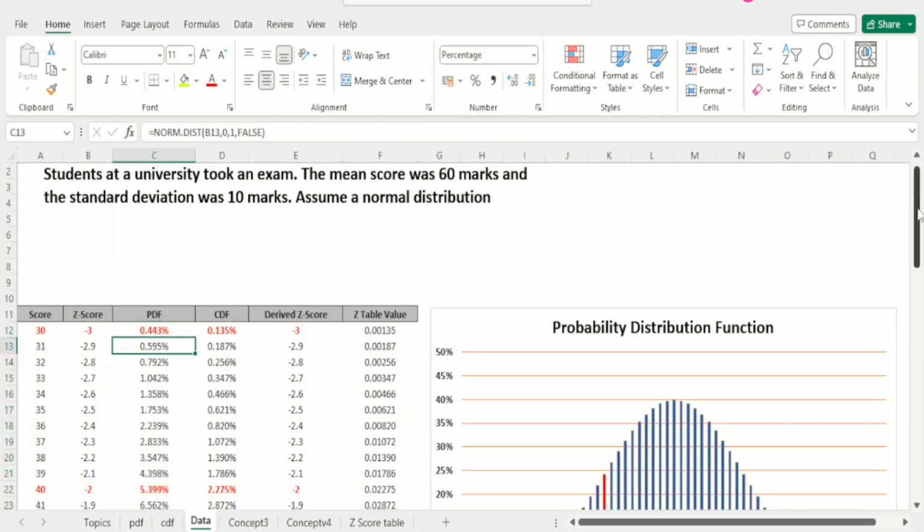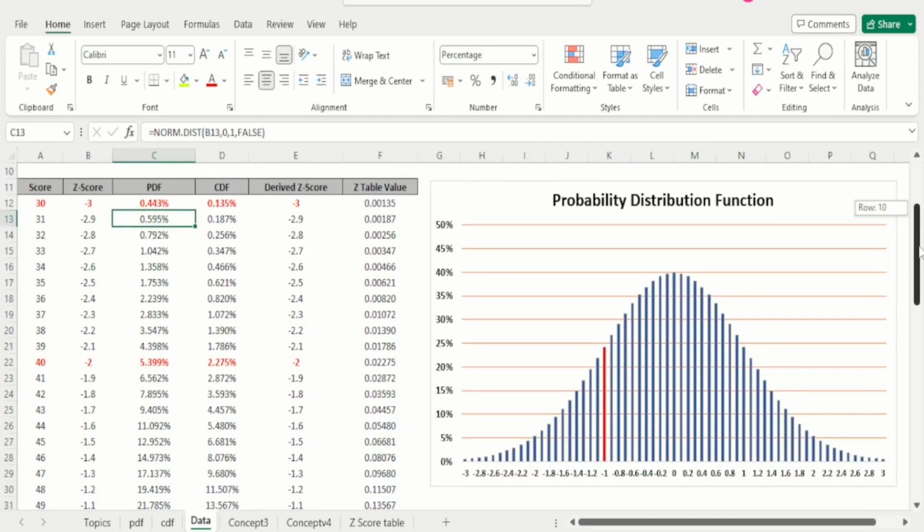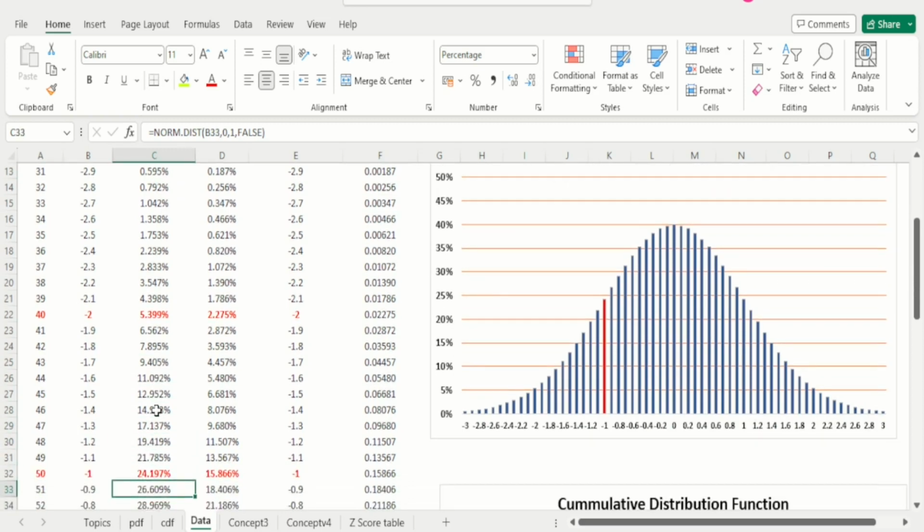All right. If you look at the graph on the right hand side, for instance, if we were to look at the PDF value for the z-score of -1, let's scroll down. The z-score of -1 is given here as 24.197%.